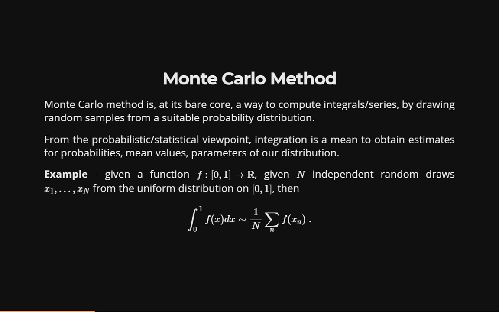The easy example is the approximation of an integral on 0, 1 by the average of the values of your function in n independent randomly sampled points from the uniform distribution, because the Lebesgue measure we are integrating in is the uniform distribution on 0, 1.